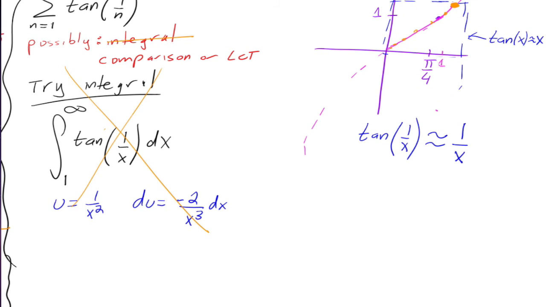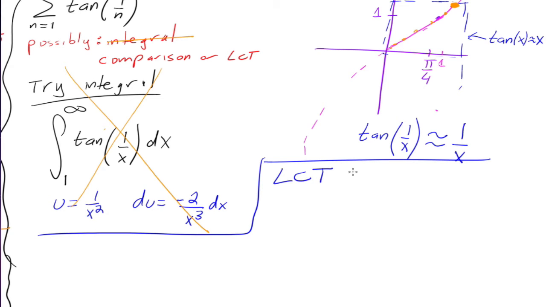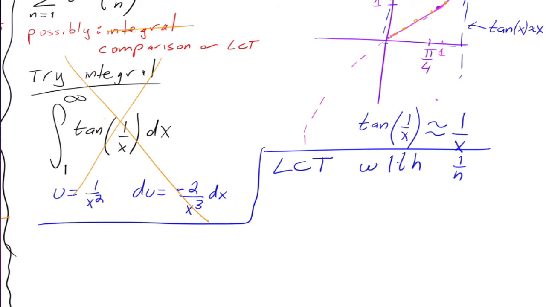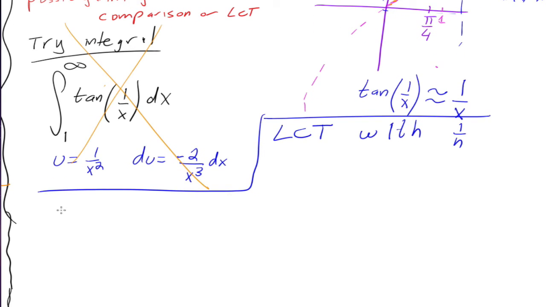All right, so after all of our scribbles, we've decided on the limit comparison test with 1 over n. And if this doesn't work, who knows? We go home. So the limit as n goes to infinity of tangent of 1 over n over 1 over n.